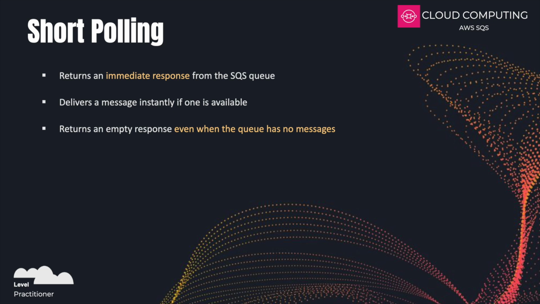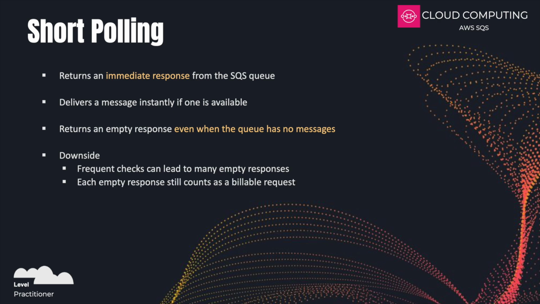At first glance, that might sound okay and convenient because you never have to wait. Your application always gets an answer right away. But here's where the problem starts. If your system is checking the queue very frequently and there aren't many messages, you'll end up receiving a lot of empty responses. And the important part to understand is that every one of those empty responses still counts as a request.